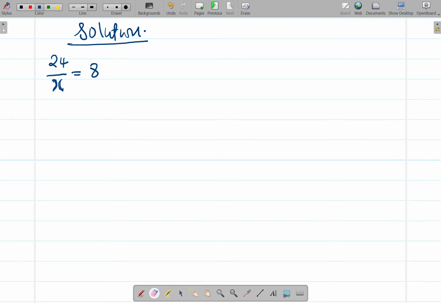How are we going to do that? We simply put this side over 1, so we can cross multiply. So I'm going to have 8x is equal to 24.